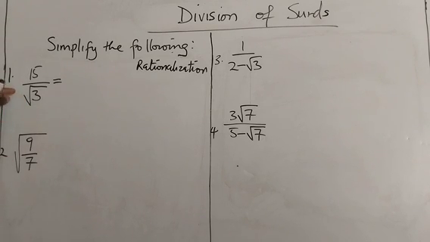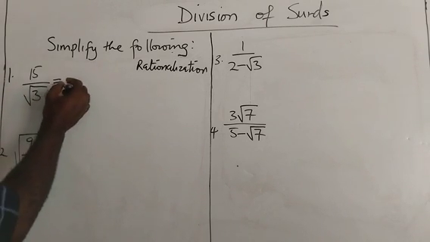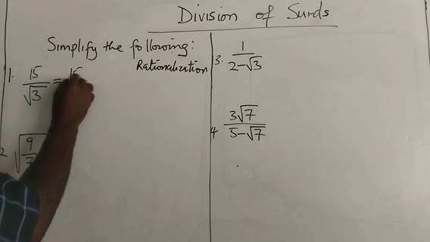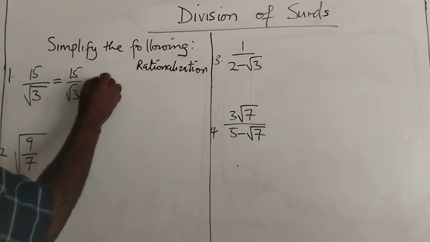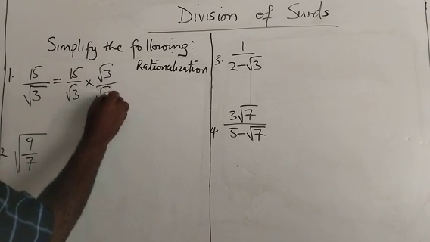To rationalize, you use the denominator to multiply both the numerator and the denominator. That is 15 over root 3 times root 3 over root 3.